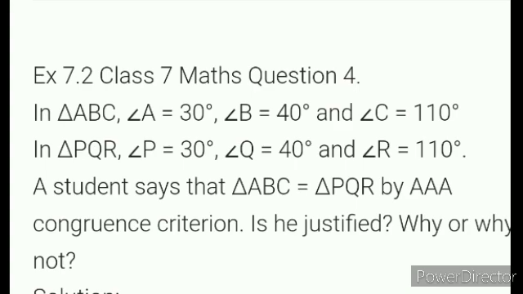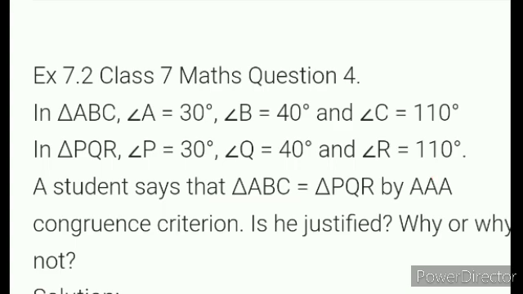In triangle ABC, angle A is 30 degrees, angle B is 40 degrees and angle C is 110 degrees. In triangle PQR, angle P is 30 degrees, angle Q is 40 degrees, angle R is 110 degrees. Now, all the three elements are angles.